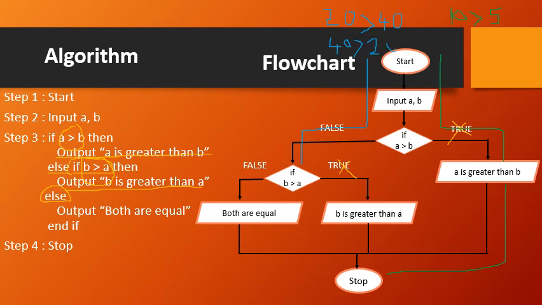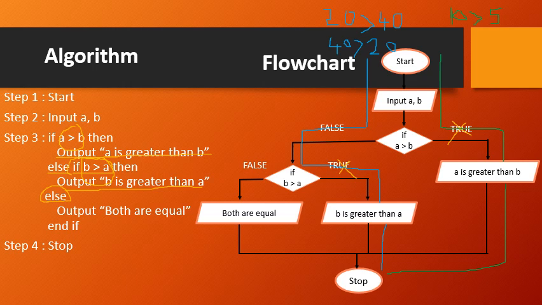Yes, 40 is greater than 20. It is true. True means it will come on the other side. Then we will display a message saying that B is greater than A. That is, 40 is greater than 20 will be displayed and the execution will stop. This is the second scenario.